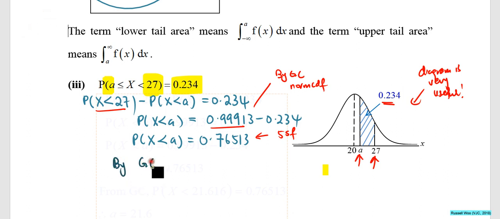By GC, you can immediately say that A is 21.6 to 3 SF. You just round off to 21.6, done. Got it? Okay? Good. Let's move on.